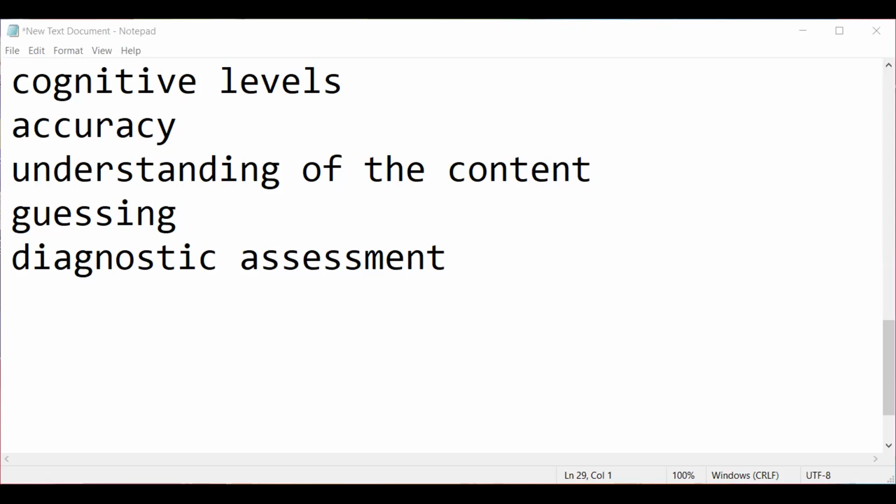See, define management, or write certain theories of management. We are creating some interest among the students. We are making the students put more efforts and perform better. So here in the factual knowledge, we are assessing the student about the basic knowledge which leads to the different important concepts about the curriculum.